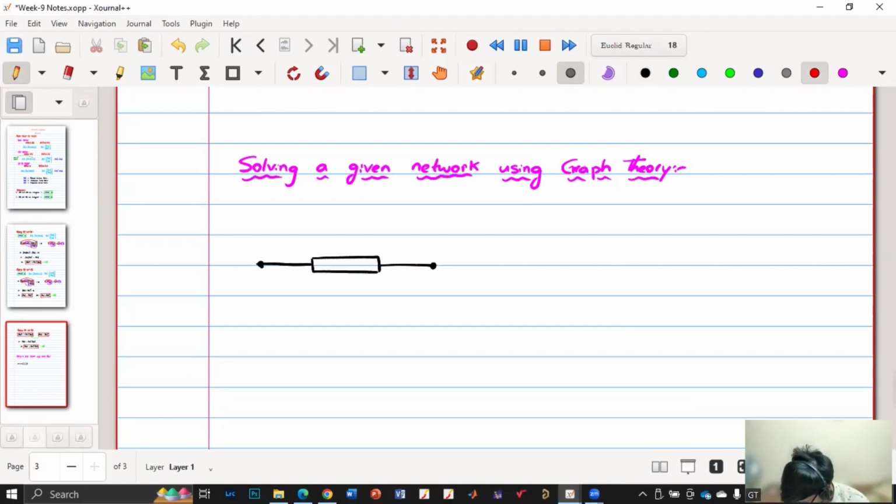Say the nodes are A, B, and this is our kth element. We said that it has a current I E K and the voltage V E K, right? Do you remember?